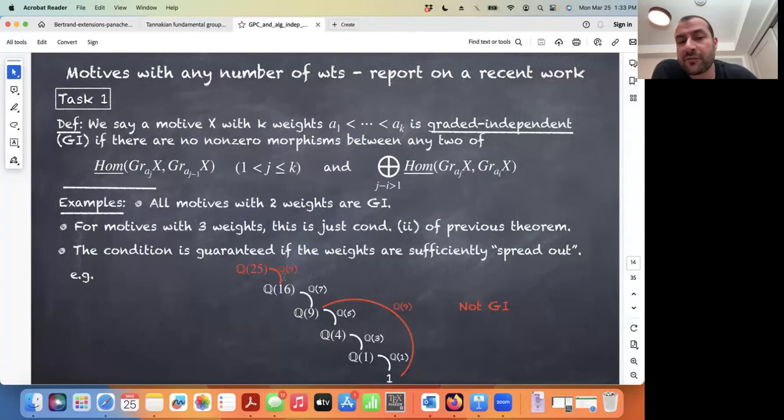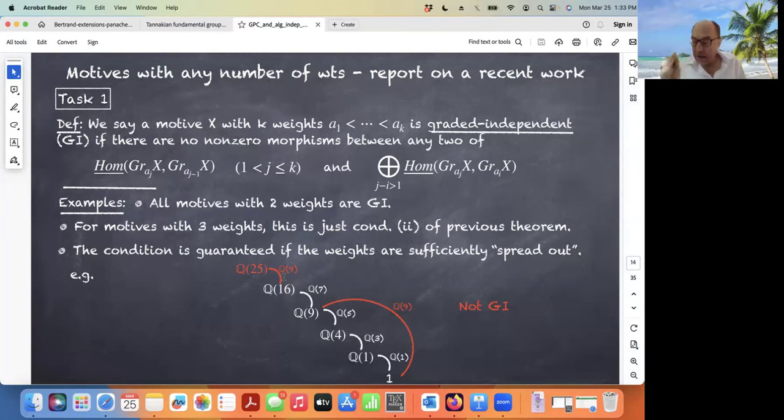So you might have maximal unipotence without graded independence also, but this makes your situation simpler. So this assumption will really simplify the notion of maximality to total non-splitting of the extensions. That's what it does. I see.